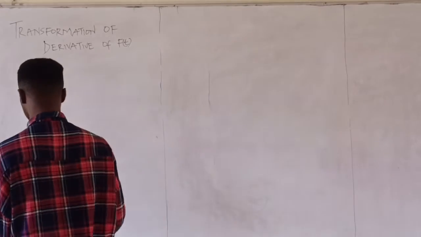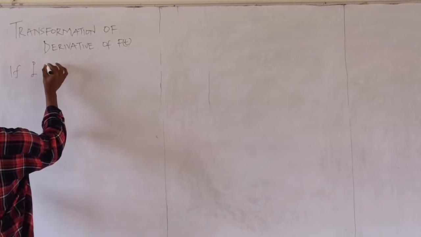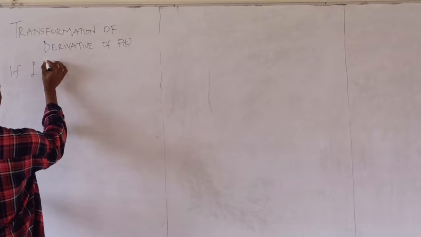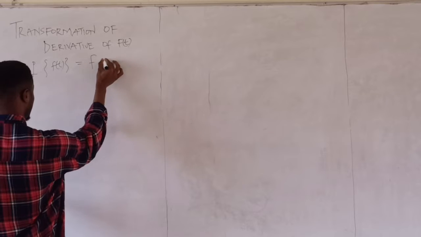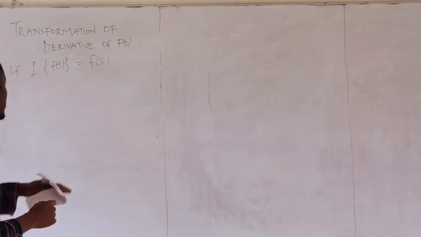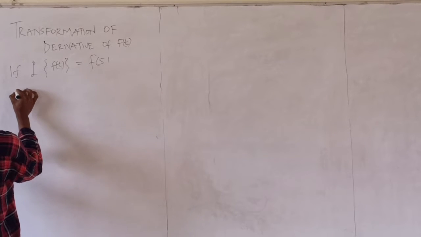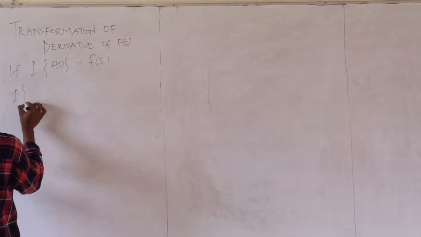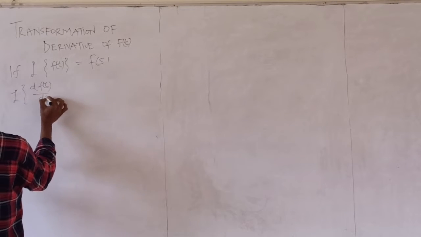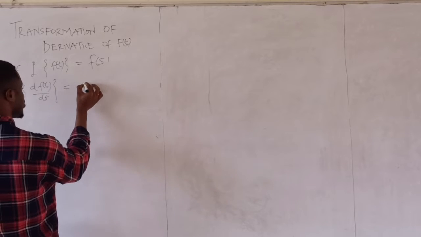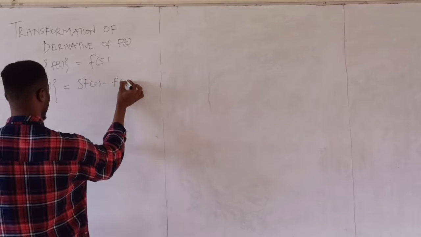Alright, so from what we know earlier on, if the Laplace of f of t is equal to F of s, which means that the Laplace of the derivative of this f of t, which is df of t dt, will now be equal to s F of s minus f of 0.